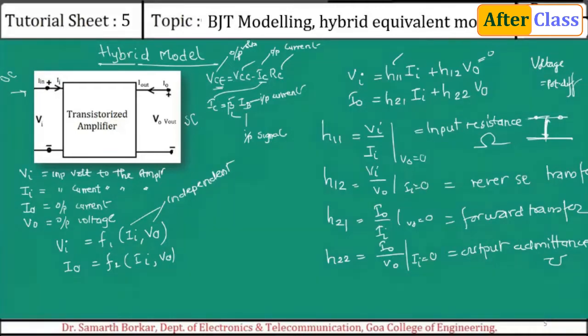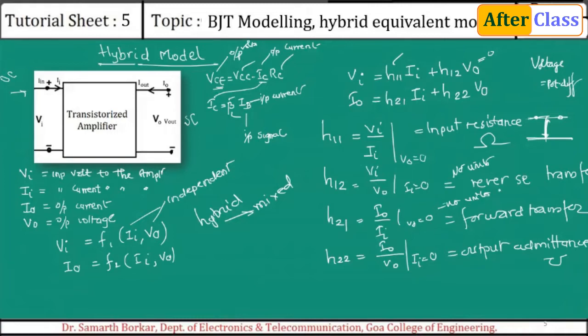Now, why is this referred to as hybrid? We have discussed in the class, hybrid meaning mixed. Mixed in what sense? Check out their units. This is the voltage gain, so naturally there are no units here. This is again the voltage gain. Here this is current gain. So again no units. And here the units are Siemens, that is mhos, and here it is ohms.